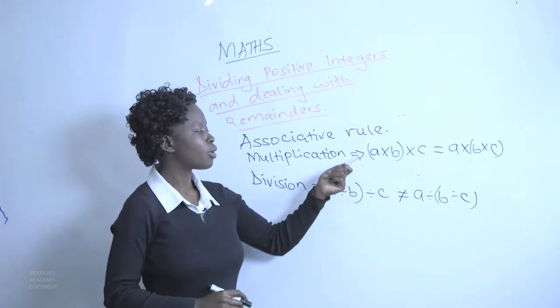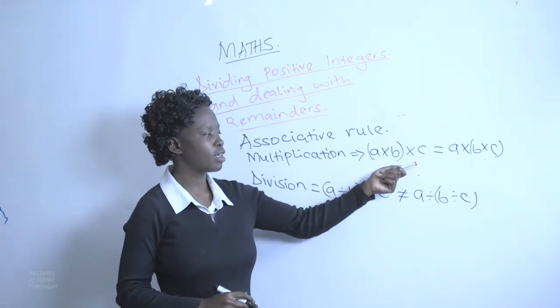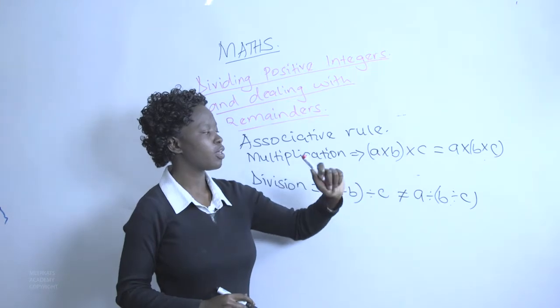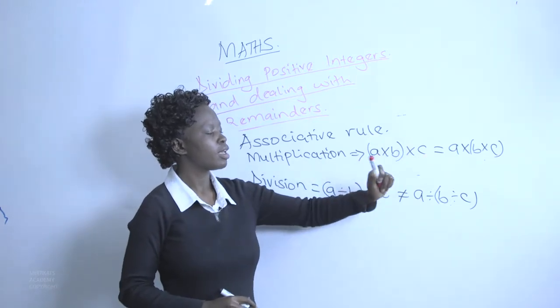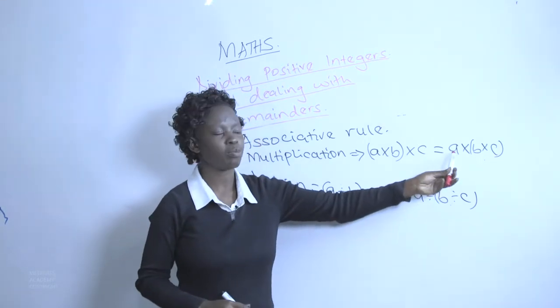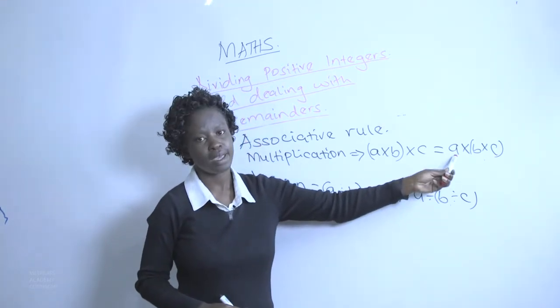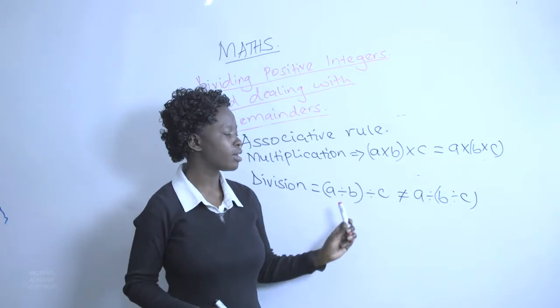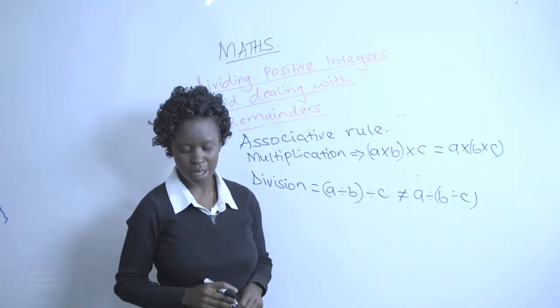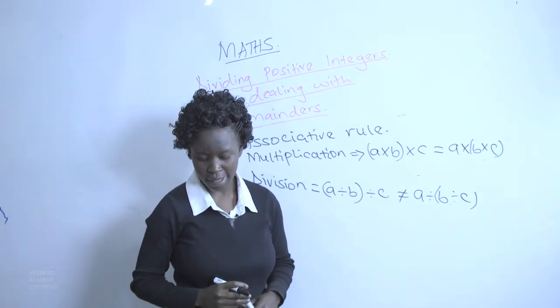For instance, when we are having A times B times C, if you are starting with the first pair, that is A times B, then finally multiply by C, it is just the same as starting with B times C, then finally multiply the answer you obtained by A. But this rule doesn't apply when it comes to division. We can look at this better when looking at an example.